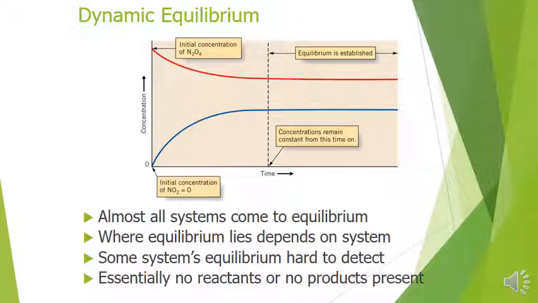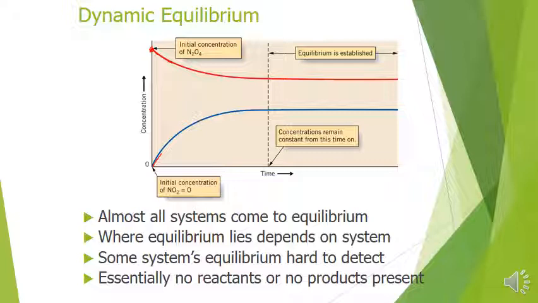Right, so here's sort of a diagram of what happens. Here's your starting point of the N2O4, and it starts to make product. The product starts to form, and there's more and more of it. Because there's more product, the reverse rate is going to increase, since rate is dependent on concentration, and the forward rate is going to decrease, because again rate is dependent on concentration.